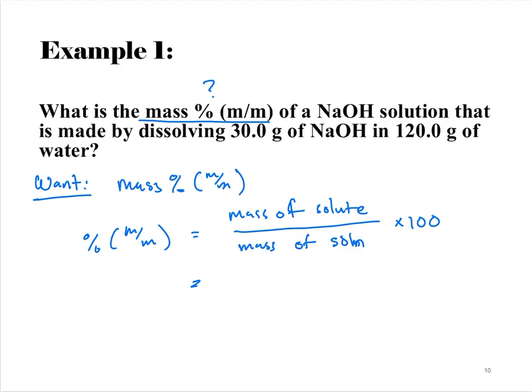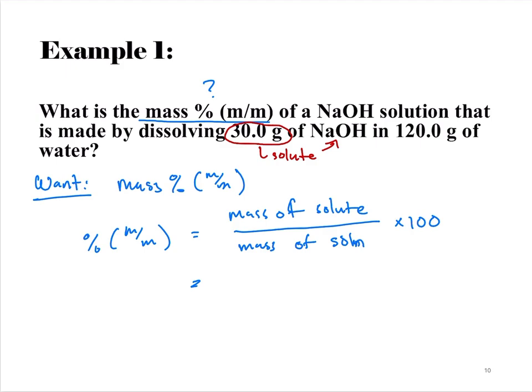How do we know which one is the solute and which one is the solvent? It isn't necessarily which one's heavier, it's which one we have more of, right? So we have an amount of both of these, which are the grams. So the 30 grams is less than 120, so this is going to be the solute in this case, right?